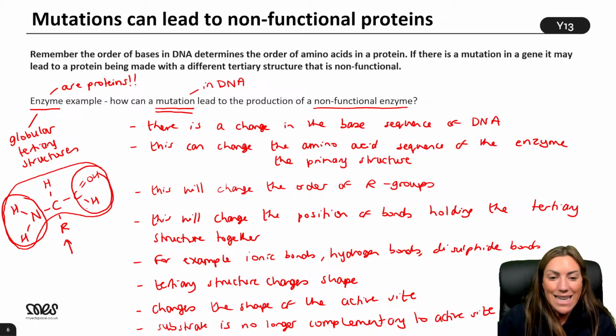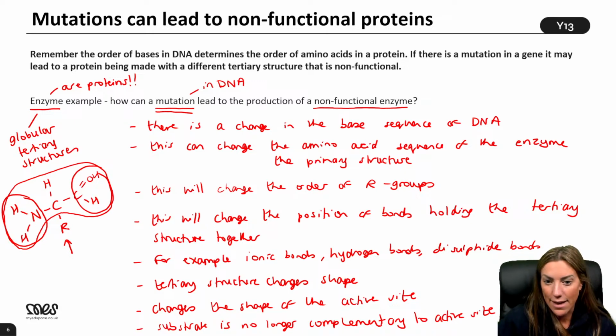So it doesn't matter what the order of amino acids is, because all amino acids have the same amine group and the same carboxyl group. So the secondary structure is not determined by the order of amino acids. But the tertiary structure is, because the tertiary structure is held together by bonds between the R groups.